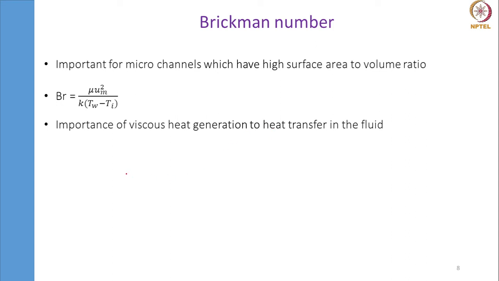We generally write Nusselt number as some coefficient A times Reynolds number to the power B and Prandtl number to the power C, where A, B, C are real coefficients.